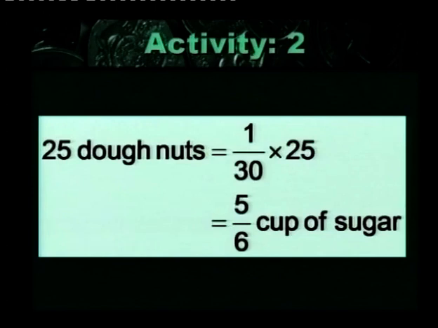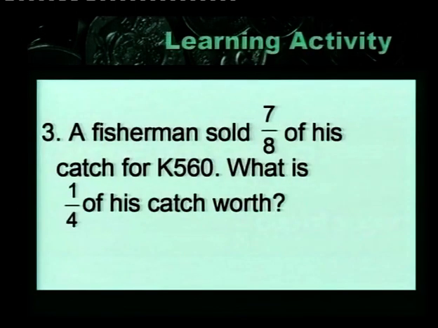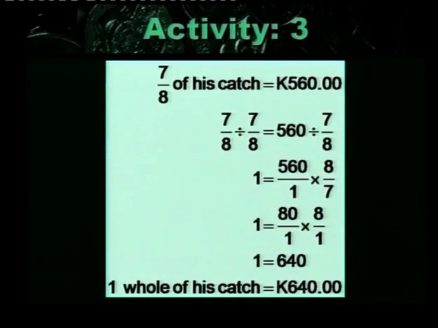Okay? The next question, question number 3. A person went fishing and he caught 7/8 of his catch and sold it for 560 kina. And we were asked to find how much would be 1/4 of his catch. Again, we are going to apply the same rule that we used in activity 2. So to find 1/4 of his catch, we have to make sure that we have the amount for the whole catch.